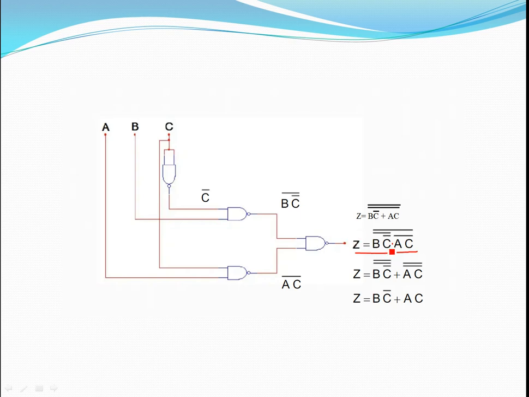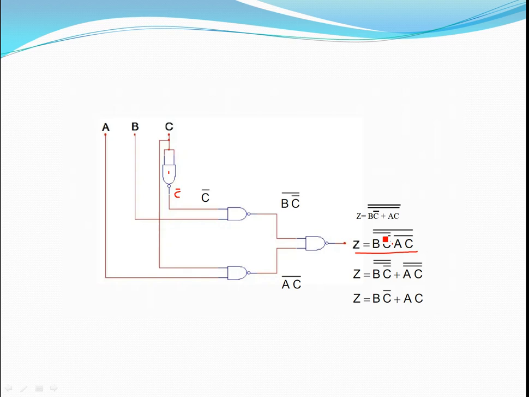Let's consider first BC bar whole bar. First we'll get the C bar. C bar is nothing but the complement of C. We already know how to get the complement using NAND gate. That is nothing but the NOT operation. Here you can see for this NAND gate both the inputs are shorted. C is the input and the output of this NAND gate is C bar. Next, BC bar whole bar.